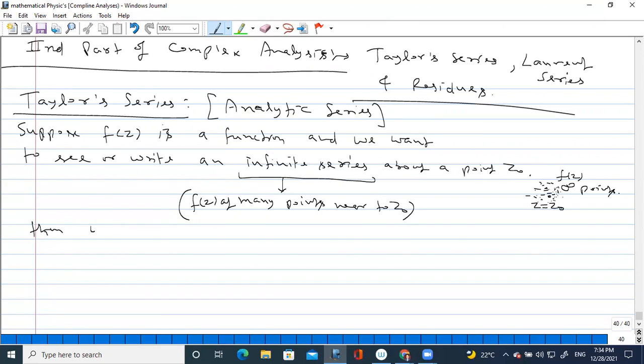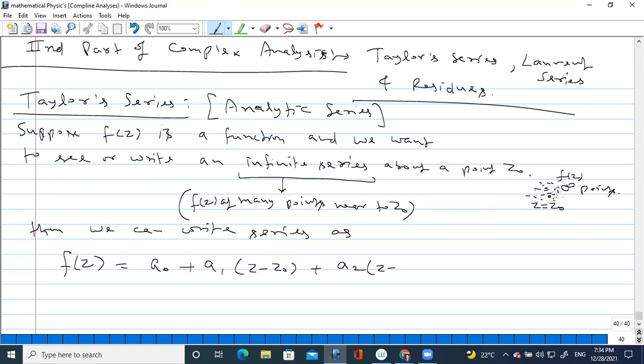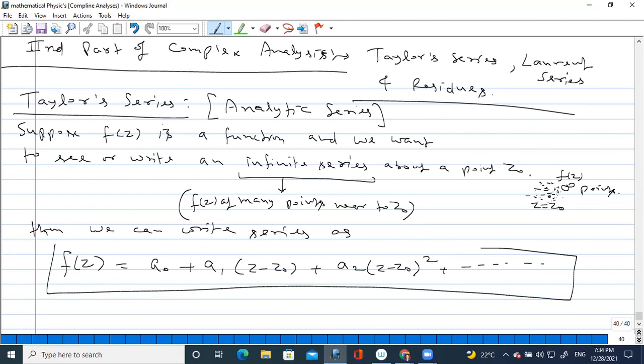Then we can write the series as f(z) equal to a0 plus a1 (z minus z0) plus a2 (z minus z0) whole square plus dot dot dot. So like this you will define this series. This series is known as Taylor series. Okay.